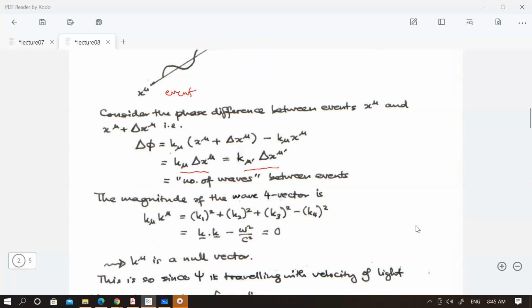The other thing that we need to know is that the magnitude of the wave four-vector is given by the contraction here. Over here one has to recall what is your k1, k2, k3, and k4. So it will give you k dot k minus omega squared on c squared.